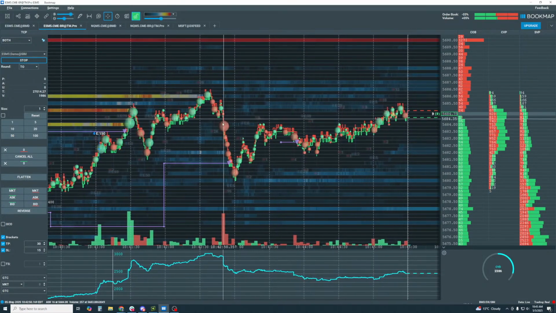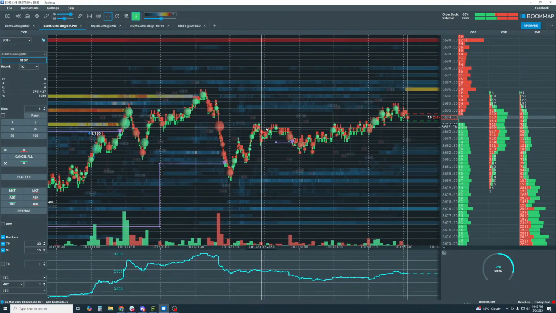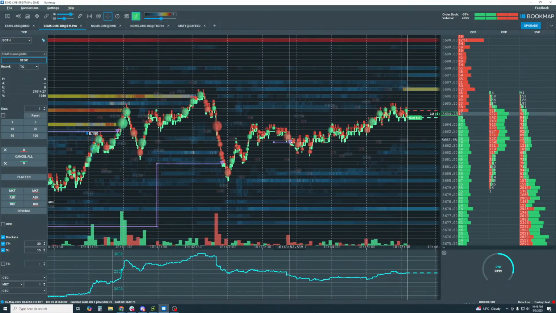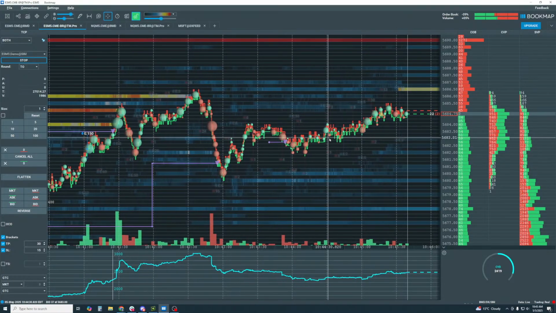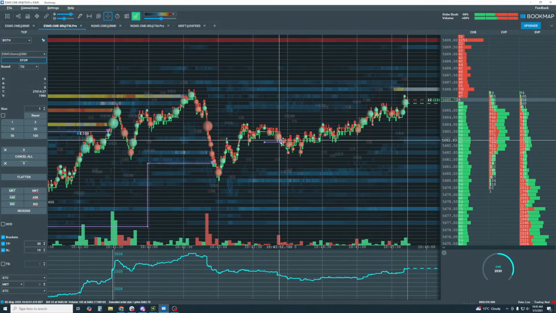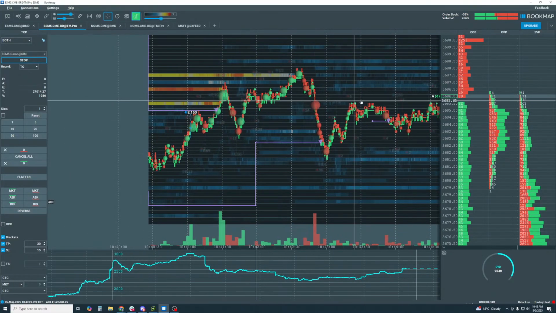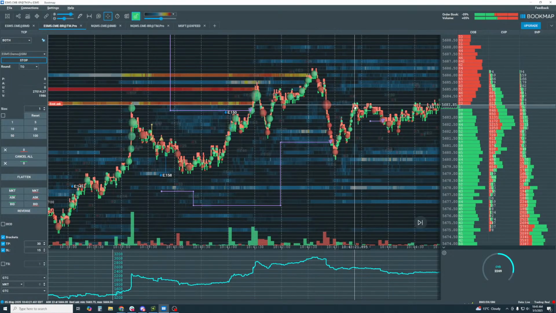Low volume pullback. This is the volume. This is the pullback here on low volume, and then selling coming in again. This is actually a pretty good example. It didn't work, but it's a good example, right? Because we see the high volume.